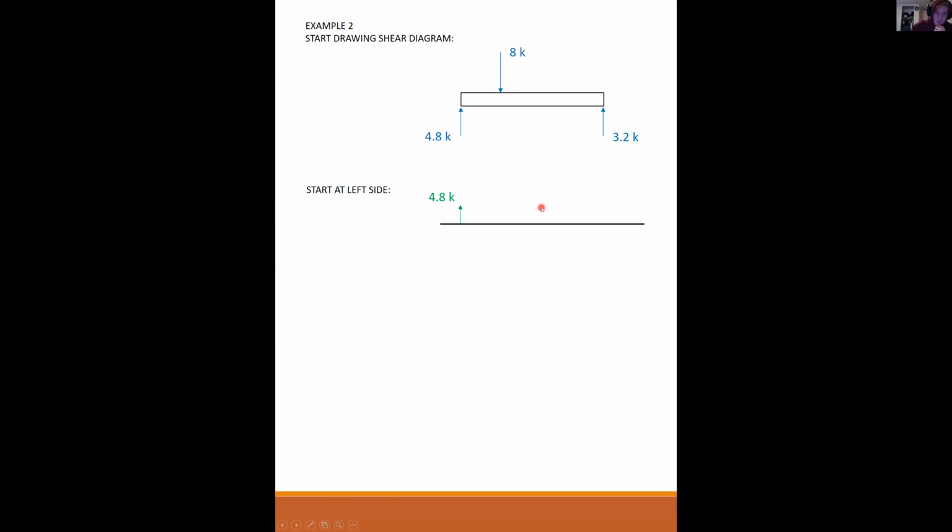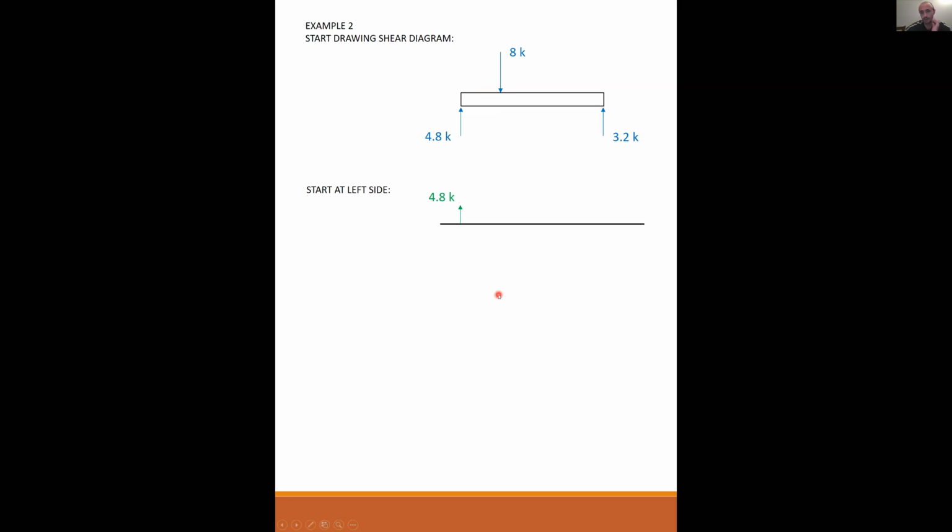It's 0. It's a constant 0, that's right. The area of the load diagram between the reaction and the point load is 0. There is no load between these 2 points. So how much does the shear change? It will be constant, go until the second force.